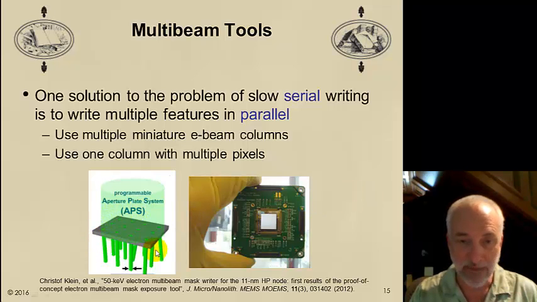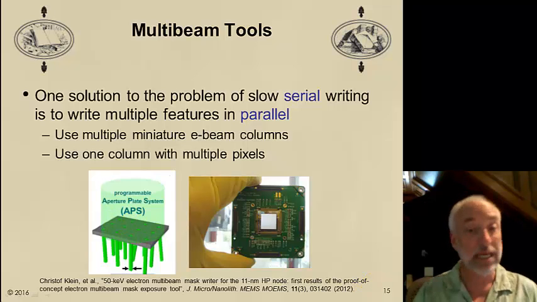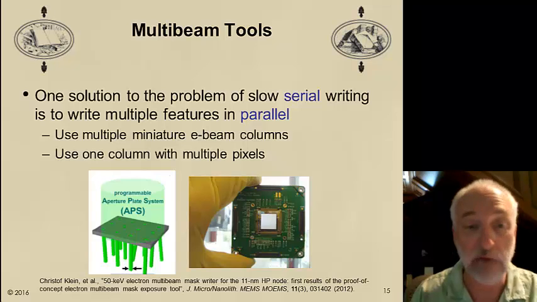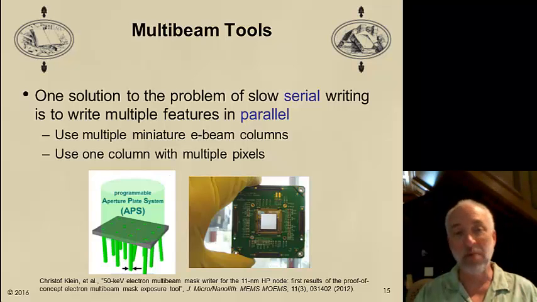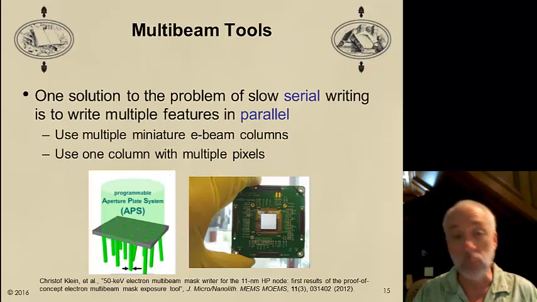This is the technique that most people are pursuing, and here I show a picture of one example. I have a plate. The plate has some holes in it. I illuminate this plate with a flood of electrons. Inside each hole I have beam blankers, so MEMS-like technology that can turn on and off the individual beams. I have some individual beam deflectors that can move the beams around, and then a system that can focus them down to individual spots.